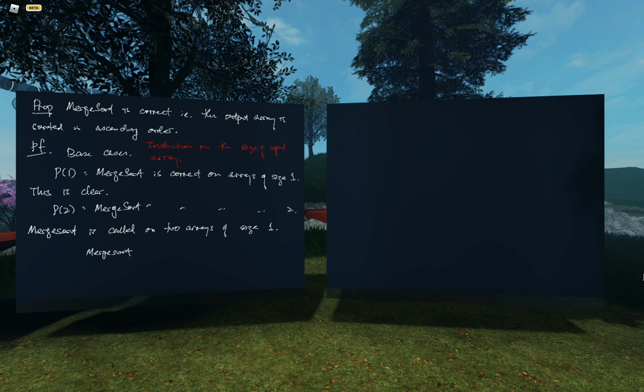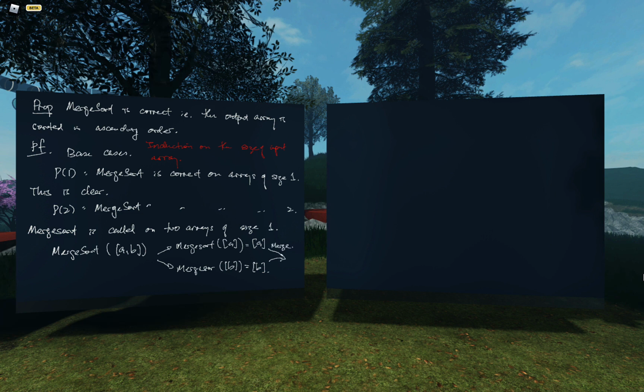So if you go merge sort of A and B, what happens is that you're going to get merge sort of A, merge sort of B, and we already kind of saw before that these are just going to return A back, and this is going to give you B back, and then you merge them together, right?